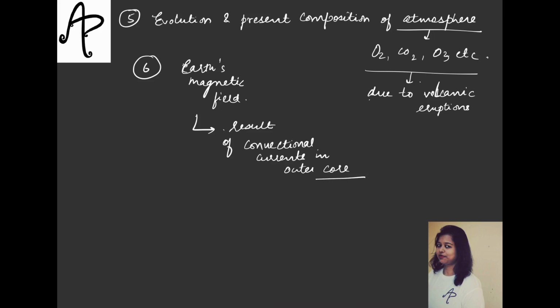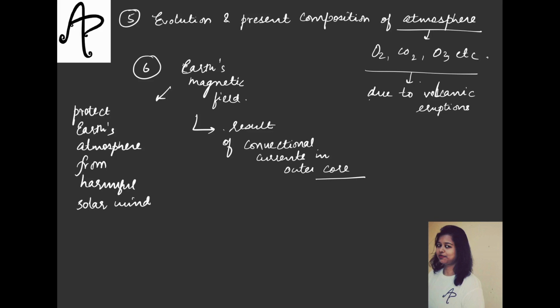So it is very much important कि हमको earth की magnetic field का भी पता चले, because ये क्या करेगा? protect करेगा. किस चीज़ को? earth के atmosphere को. कहाँ से? harmful solar wind से. Therefore, to know about the Earth's magnetic field is of immense significance, and the study of Earth's interior also helps you do that.